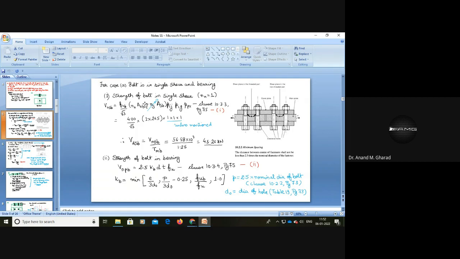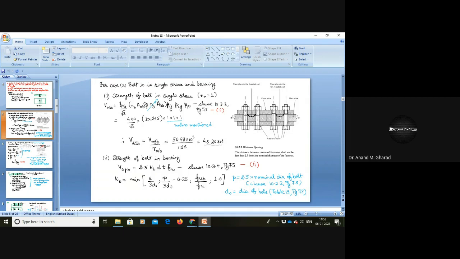This value has been identified based on several experimentations. Experimentation in the sense the measurement was carried out for various samples, and based on that one value was identified, and it ranges from 0.78 to 0.8 times the area of the bolt.